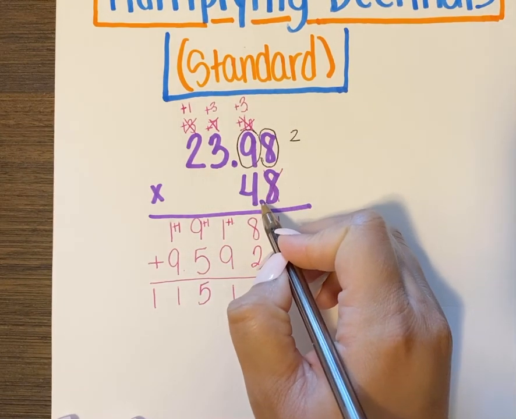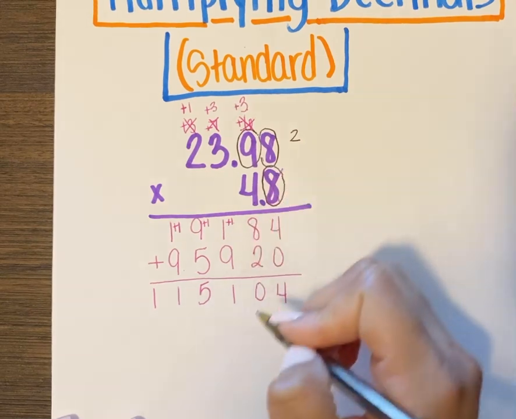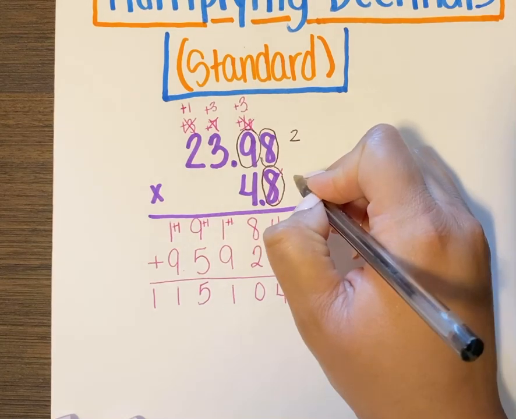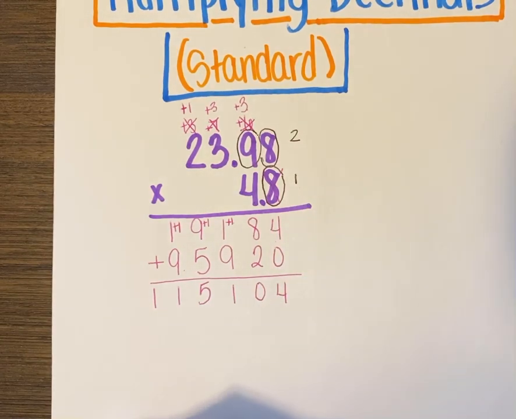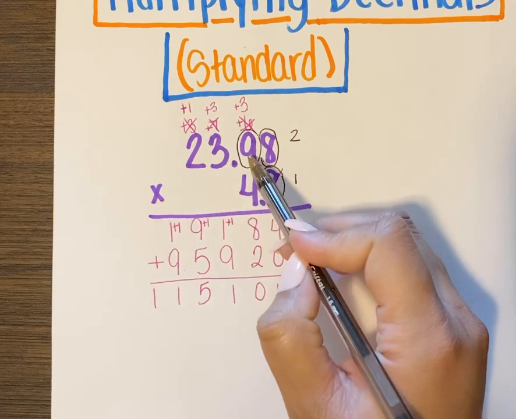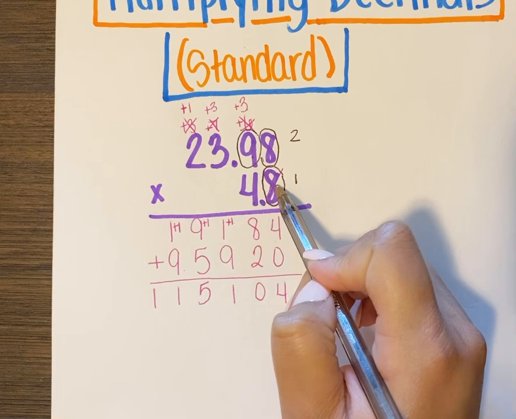In 4 and 8/10, we have 1 digit to the right of the decimal. There are altogether in both factors 1, 2, 3 digits that come after the decimal.